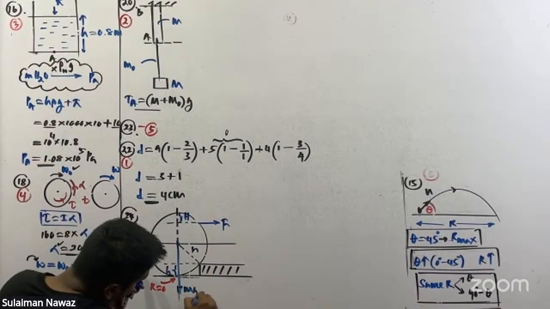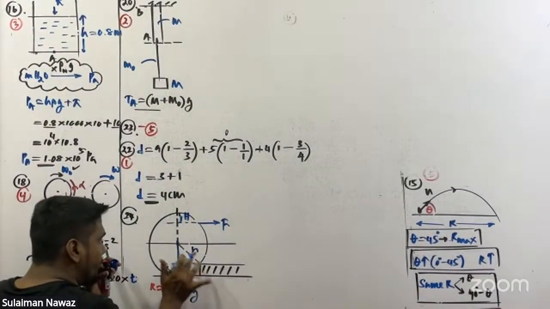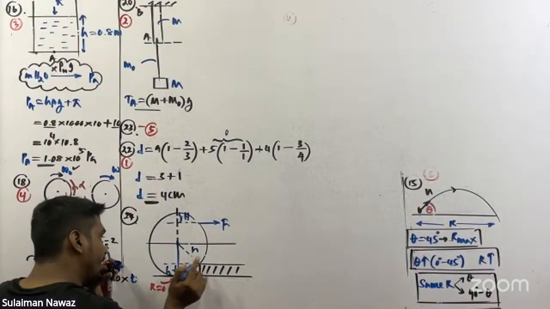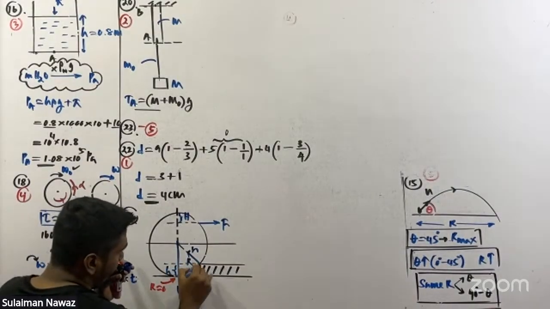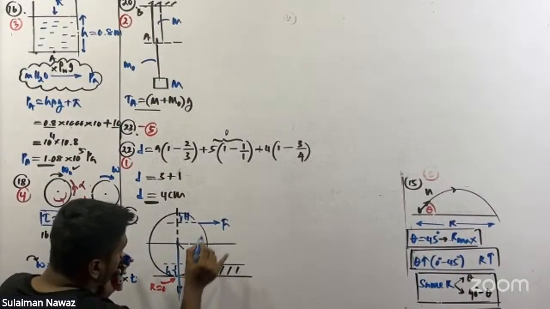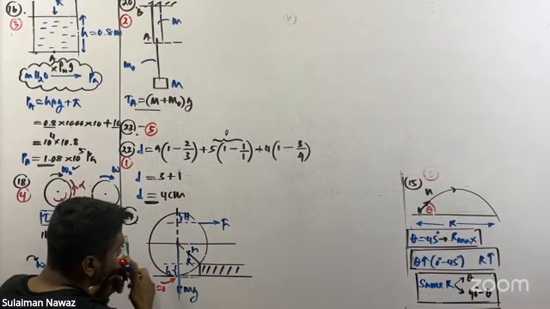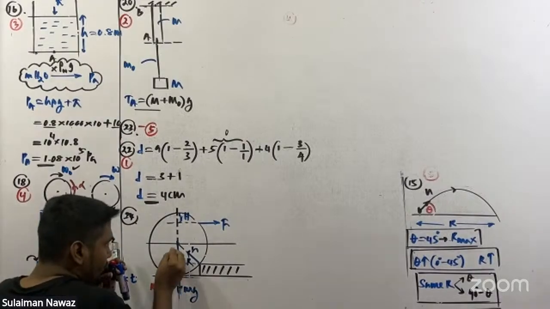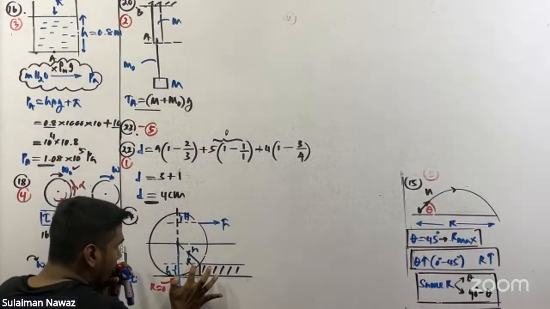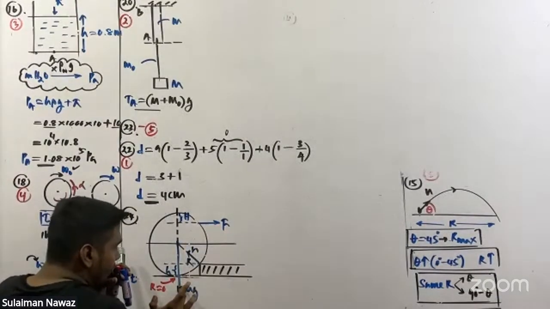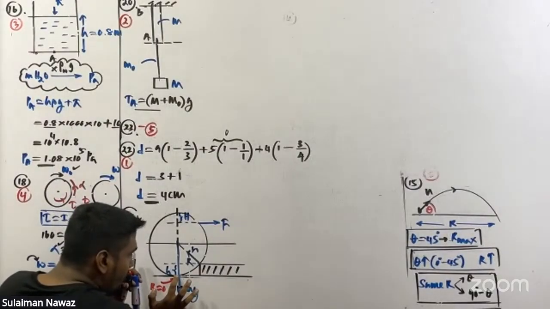The normal reaction force acting on the object at this edge, let's say capital R. And this force capital F. So there are actually four forces: capital R, capital F, mg, and the normal reaction force acting upward at this point.